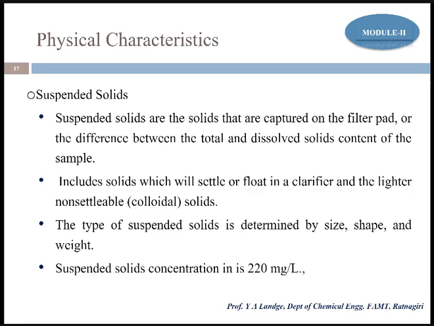Okay, all these things are very important: to determine the organic, inorganic and physical characteristics so that we can give a proper treatment. So this is all about the physical characteristics and the determination of the organic and inorganic matter present in the wastewater, and this is important for giving the proper treatment for that particular wastewater.